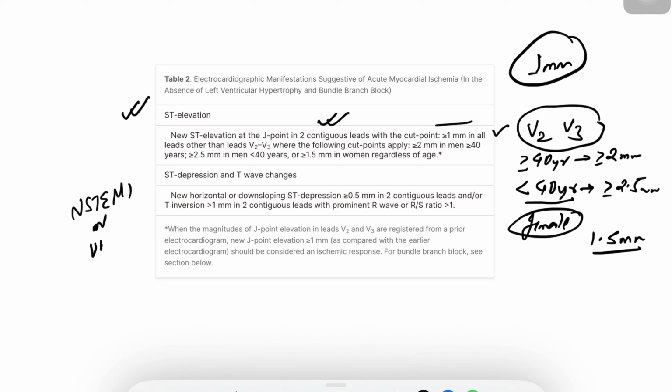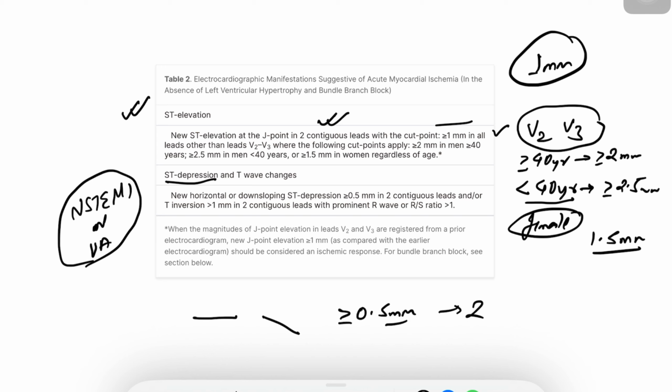While for NSTEMI or unstable angina we have a criteria of ST depression. ST depression should be new horizontal or down-sloping ST depression of more than or equal to 0.5 mm in two contiguous leads.